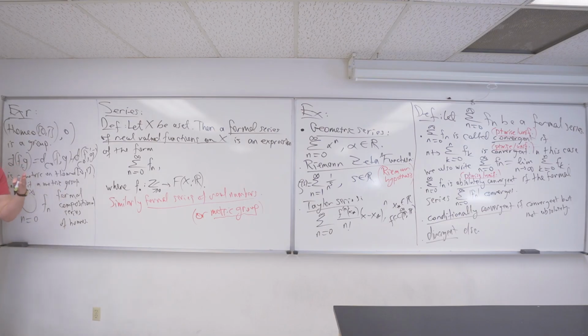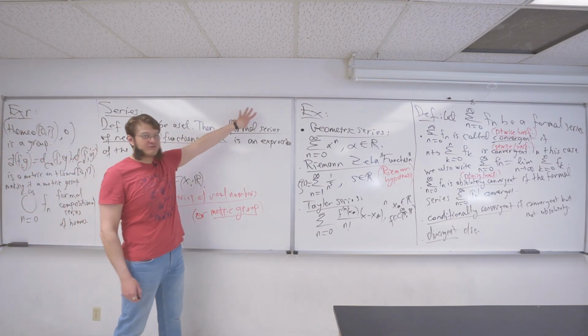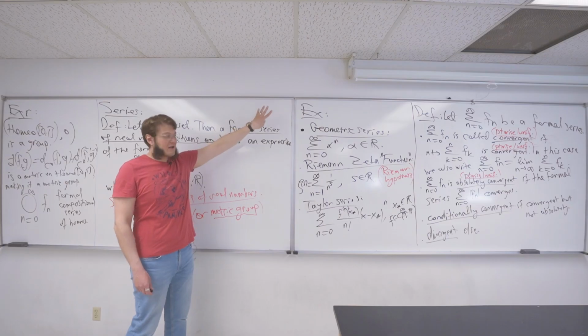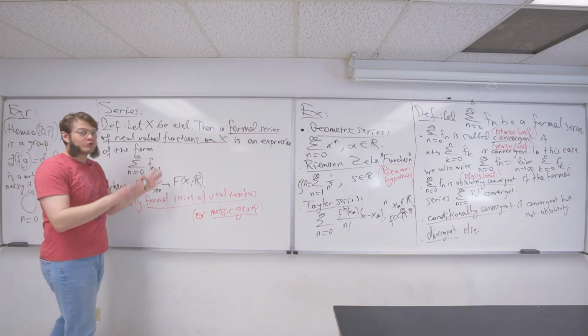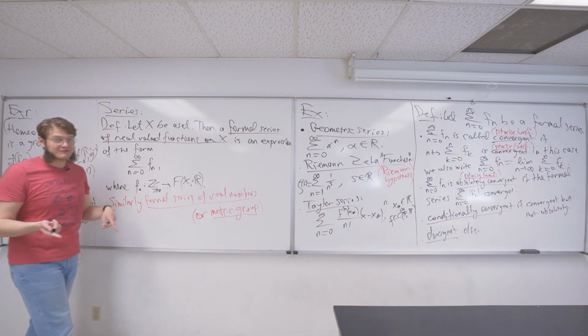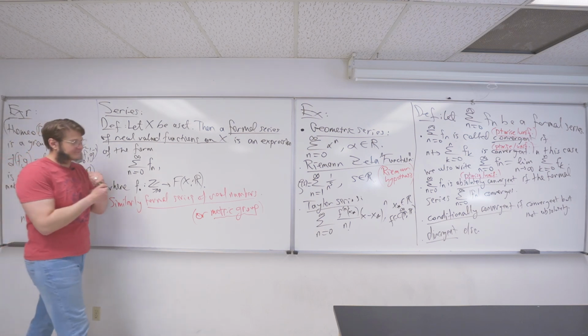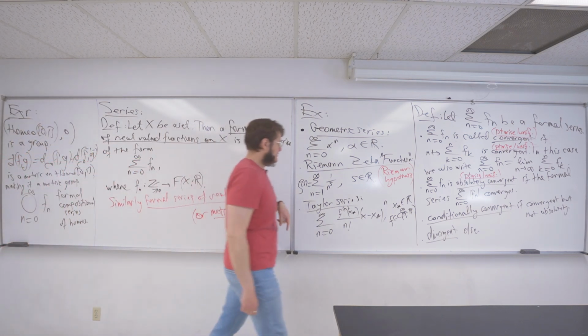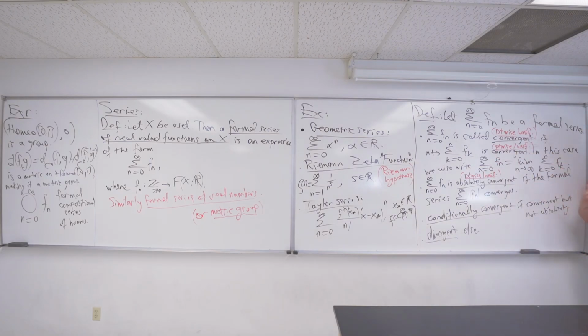So just to keep my sanity, I'm reminding myself, this is a formal series. I'm allowing myself to write this expression without worrying about whether or not it means something numerically or functionally. We'll get there later.